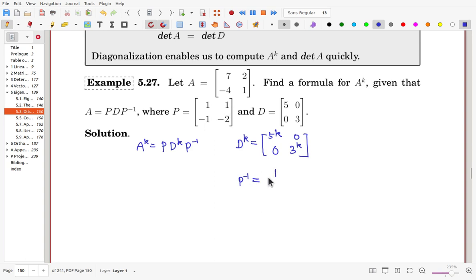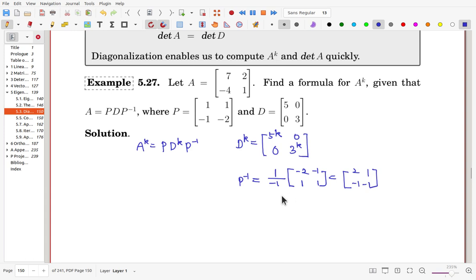So we have 1 over AD minus BC, here minus 2 plus 1, then change the position and change the sign, so that we have 2, 1, minus 1, minus 1.